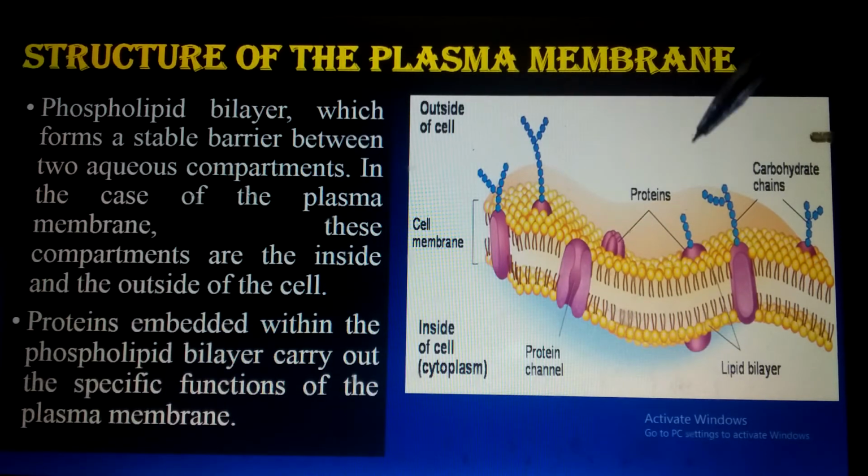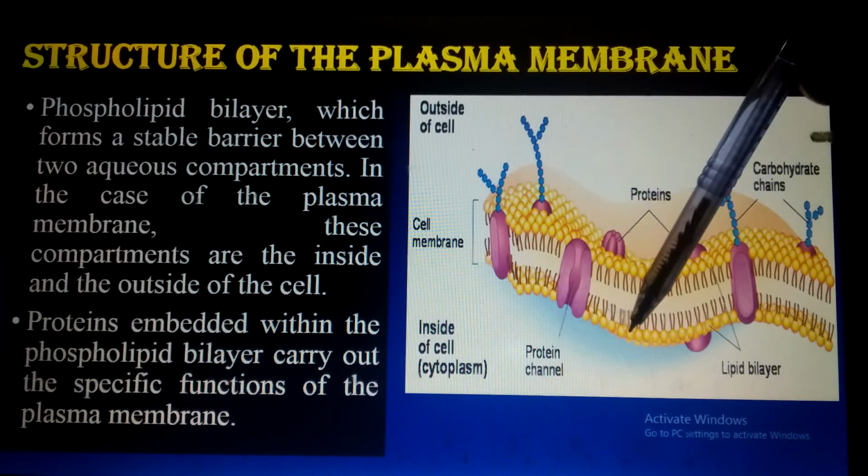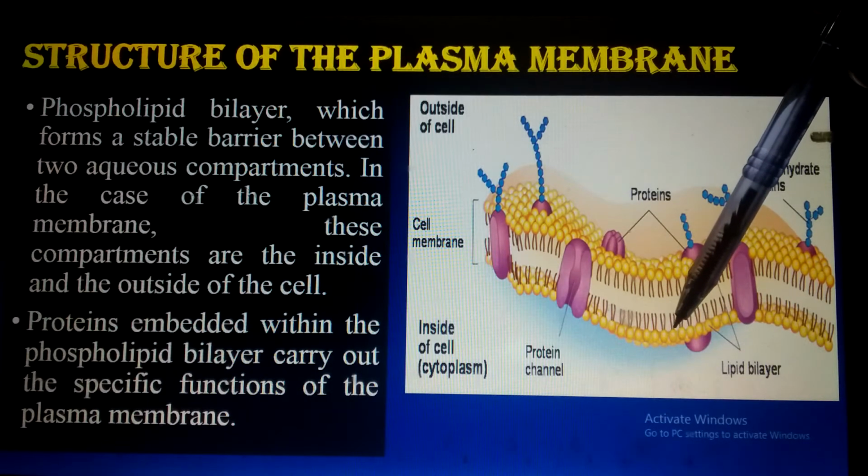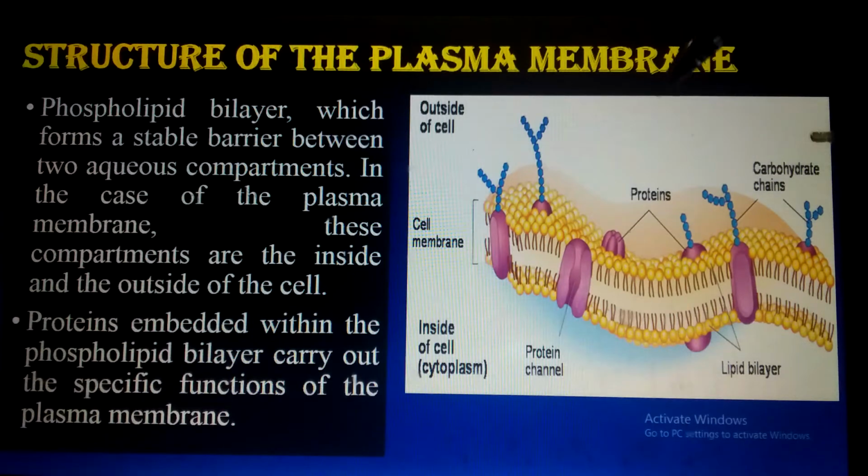The outer compartment and the inner compartment are both aqueous. The cytoplasm, which is the cytosol, is 90% water, and outside the membrane the extracellular fluid also provides an aqueous environment. In the plasma membrane, these compartments are the inside and the outside of the cell, as you have seen here.